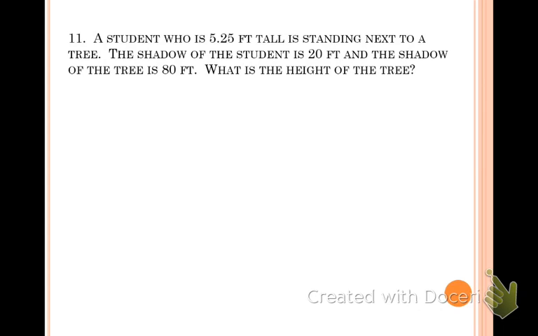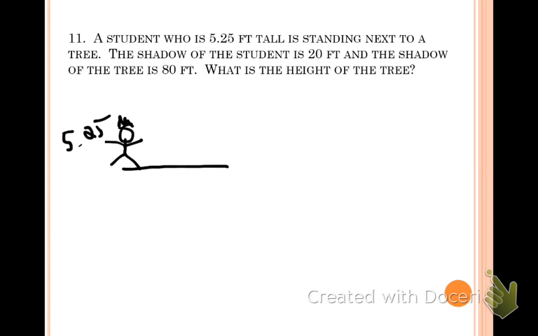Every good story problem, or at least a very good strategy to work a story problem, is to draw a picture. So I need someone who is 5.25 feet tall, with a really long arm, standing next to, well, the shadow here.